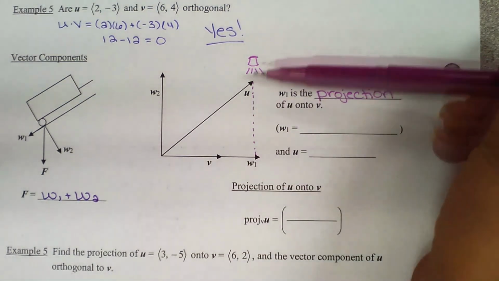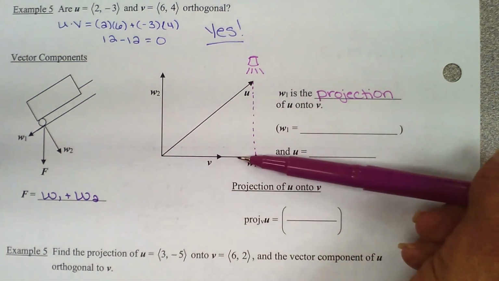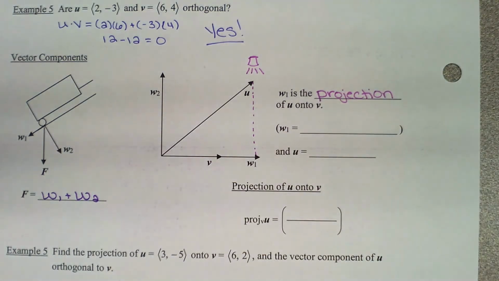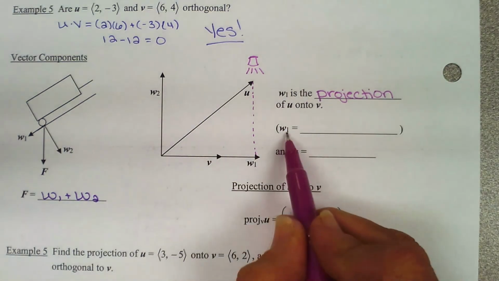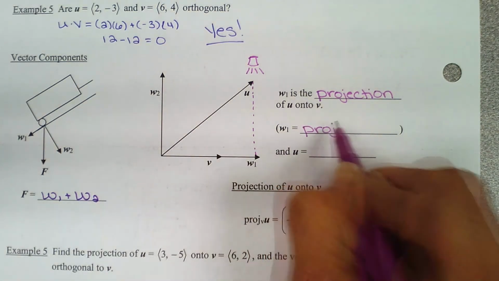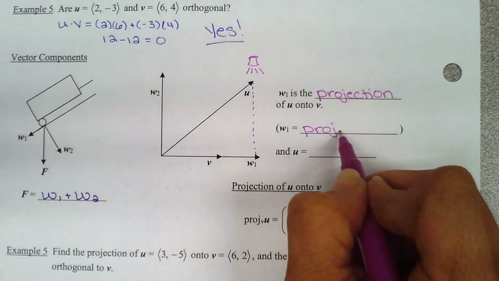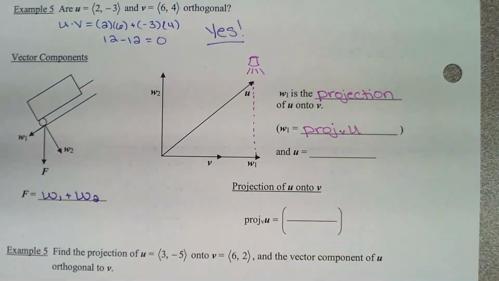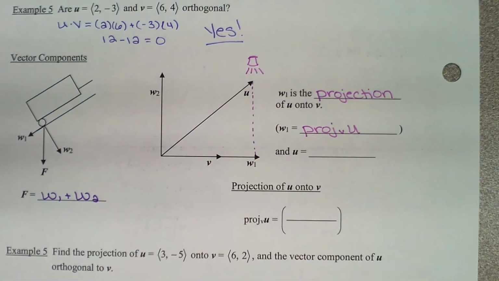It's if you held a light that was perpendicular to the vector that you're projecting onto, it's the shadow that it would make on it. The way that we write it is we say that this w1 equals proj for projection, a little v because we're going onto v, and then a u because we're projecting u. So that's the projection of u onto v.